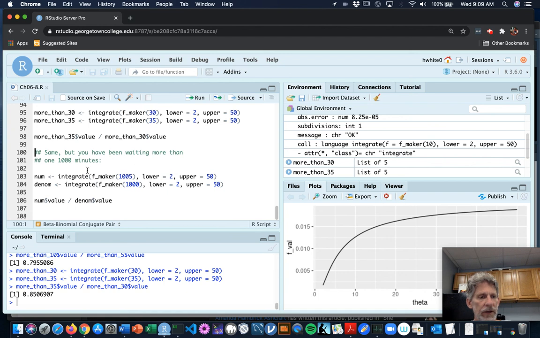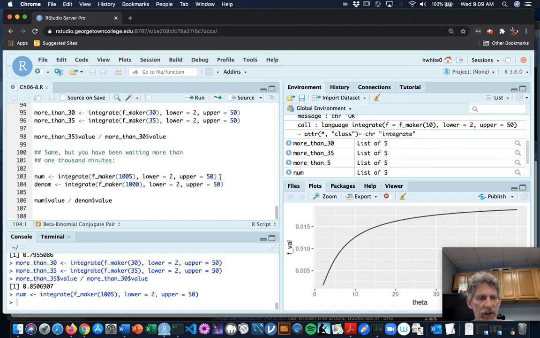Same idea here, except what if you've been waiting for 1,000 minutes? Again, I would just get the probability of 1,005 divided by the probability of 1,000.